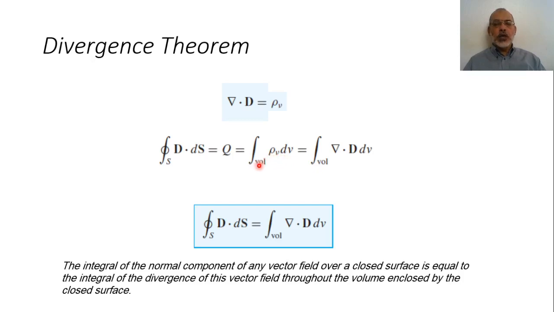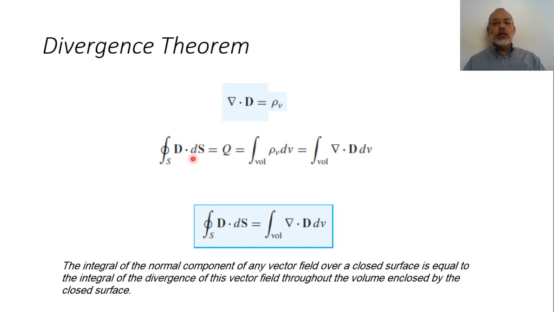So, in other words, we can say that instead of rho v, we can replace rho v by the divergence of D. So, this would equal the integration over the volume of div D multiplied by dV.